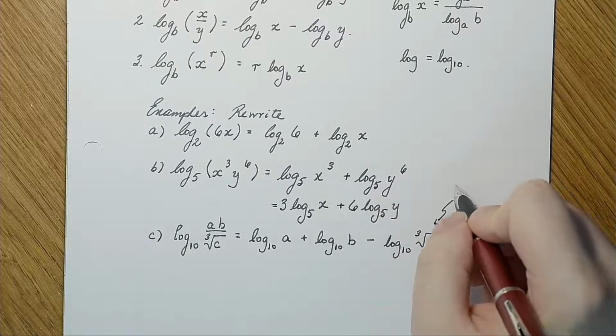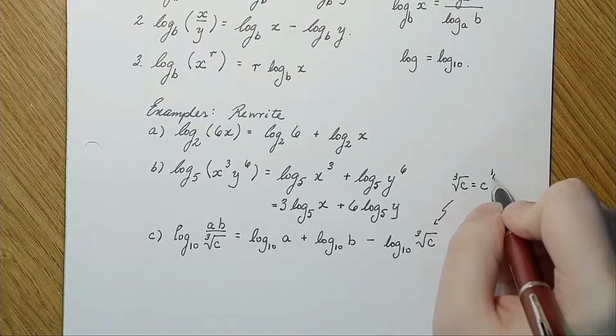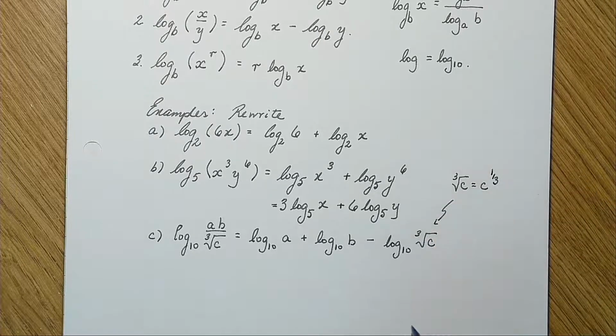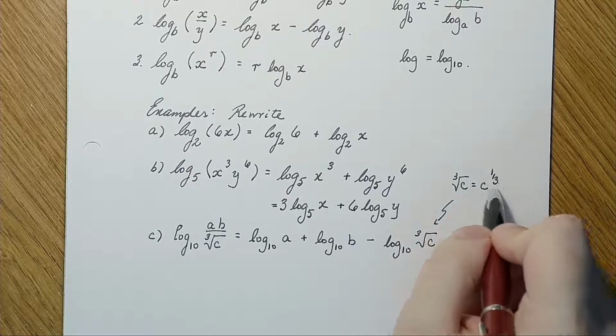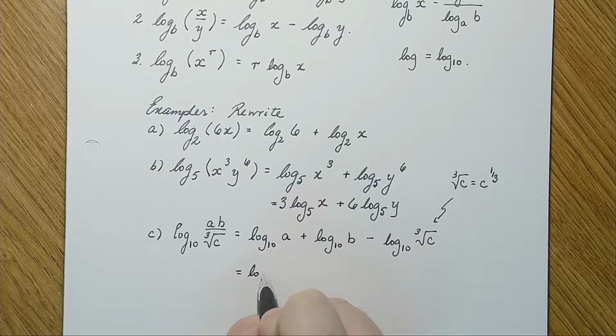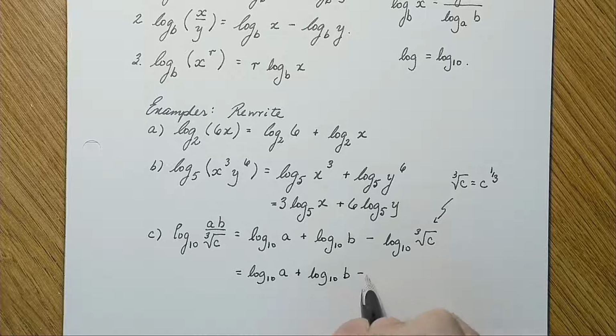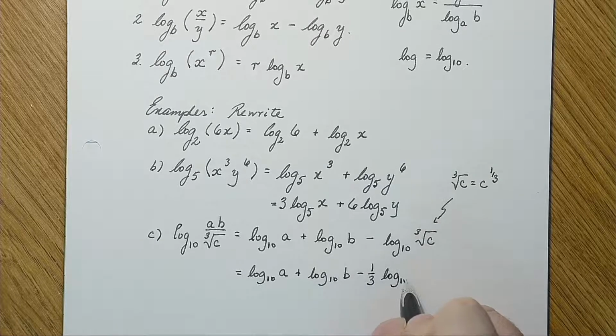Now, of course, the cube root of c is equal to c to the 1/3. So that means that I can actually bring that 1/3 out in front. So just kind of rewriting the first two terms. Minus 1/3 log 10 of c.